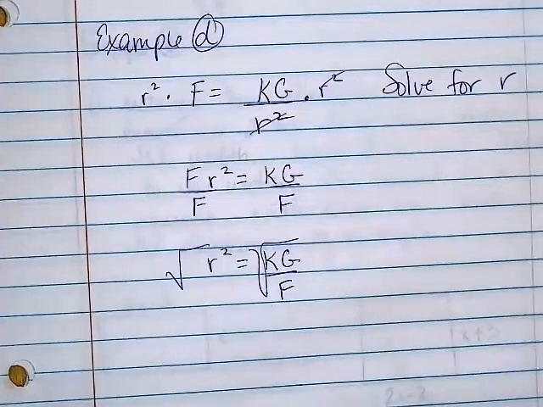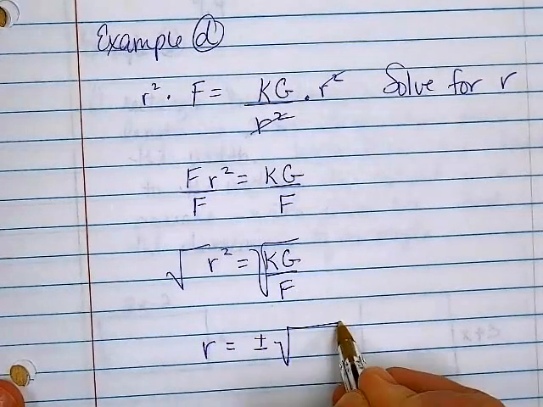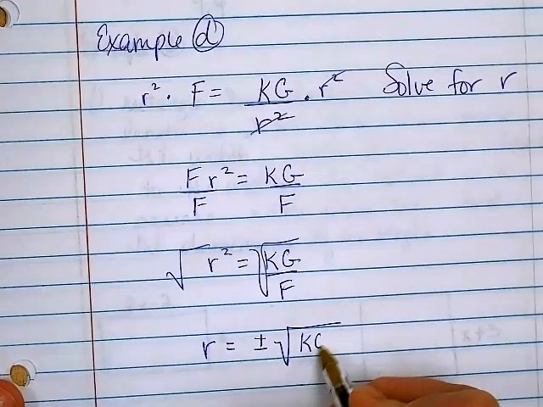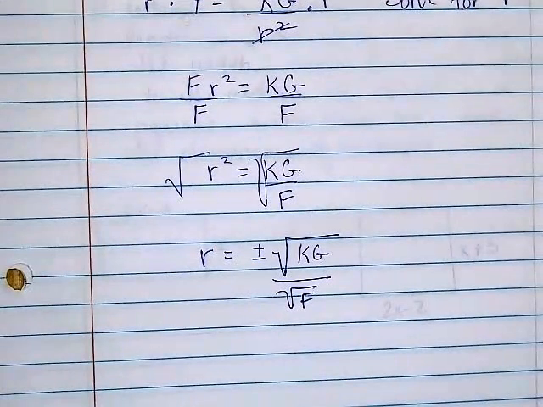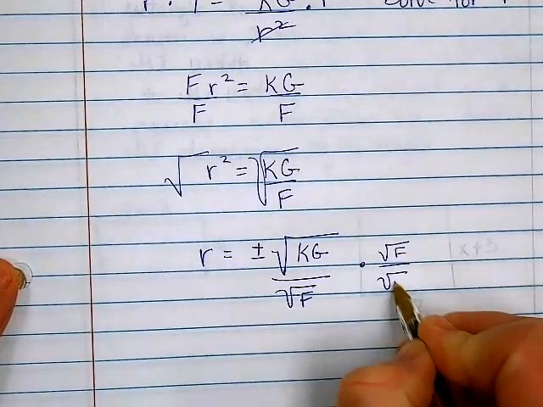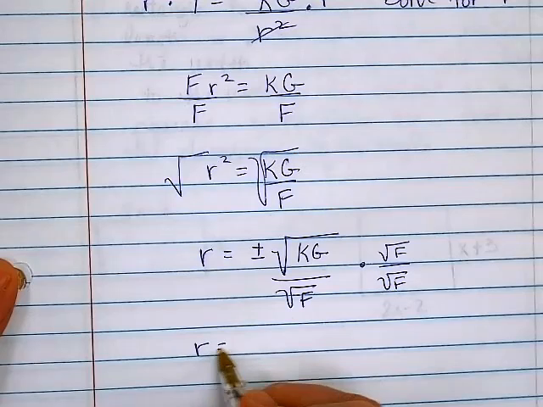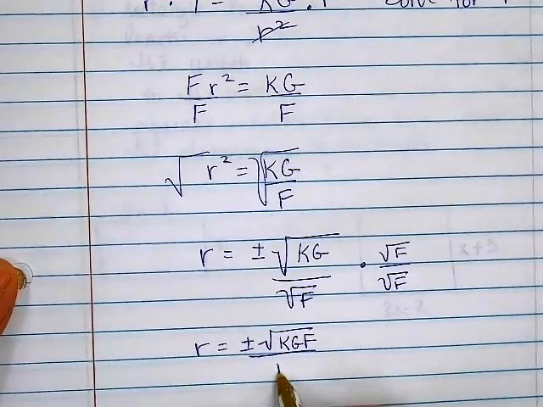These are measurements, and so they probably can have positive and negative values. So R is equal to plus or minus the square root of kg over the square root of F. But I don't want to leave the square root of F in the denominator. Same thing as a while ago, so I'm going to rationalize the denominator. So the final answer here is the square root of kgF over F.